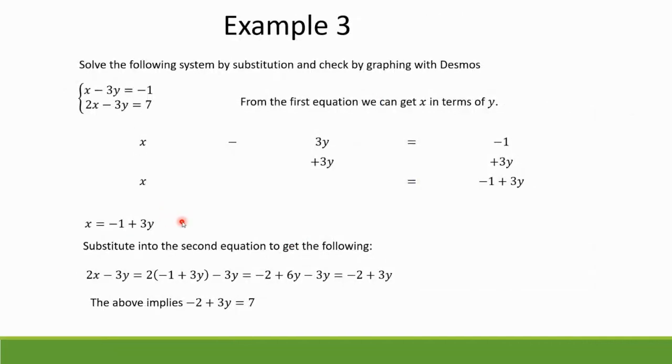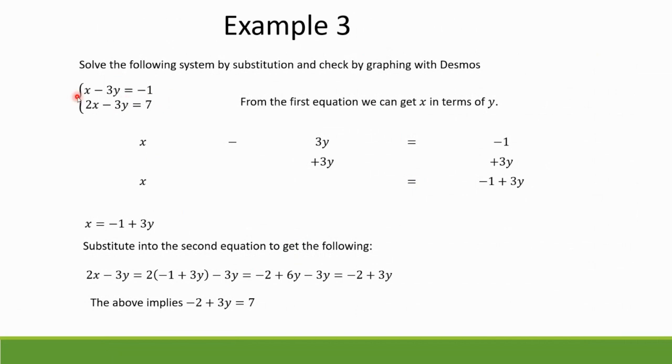So here's another one. Here we can solve it by substitution and then check it by graphing in Desmos. This one's a little bit different because, maybe by habit, you're getting y in terms of x. But from the first equation, it might actually make more sense to get x in terms of y. And why is that?